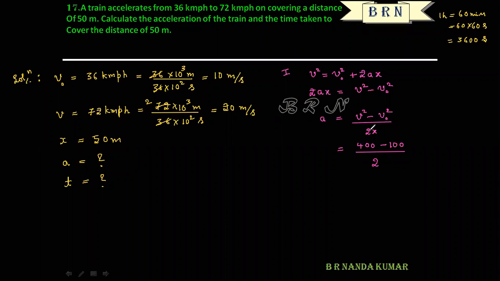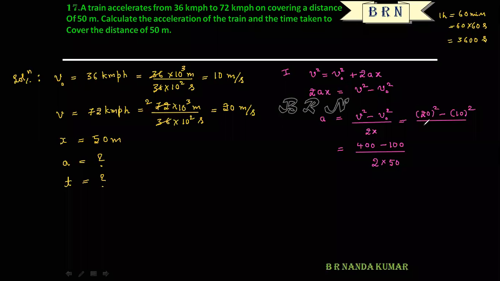So what is the value of x? That is 50. So here v square means 20 square, v naught square is 10 square, divided by 2 into x, that is 50.